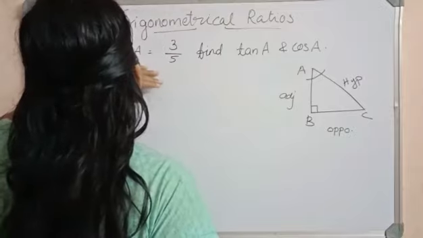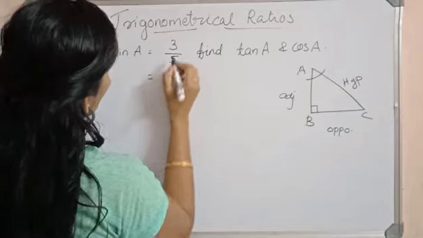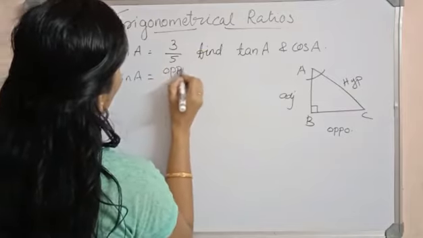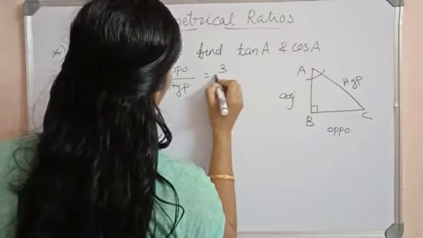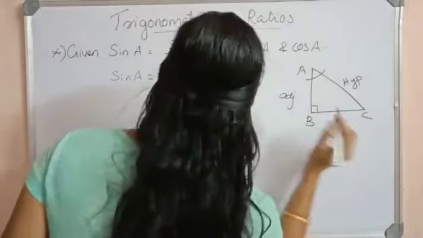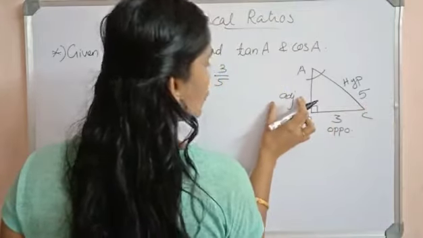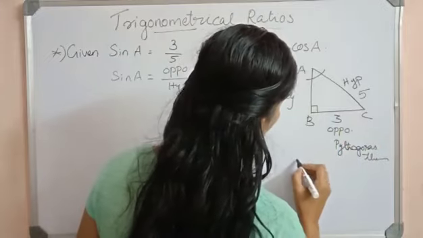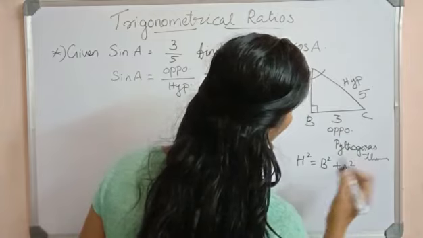Now look at this. Sin A is 3 by 5. Sin A is the trigonometrical ratio opposite side by hypotenuse, which is equal to 3 by 5. So the opposite side is 3 and the hypotenuse is 5. We have two sides, so we need to find the adjacent side. Again, using Pythagoras theorem, hypotenuse square is equal to base square plus altitude square.